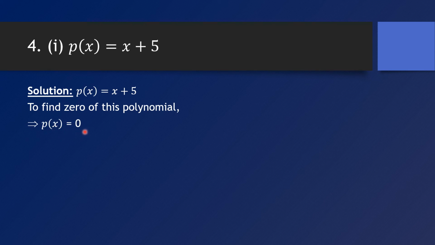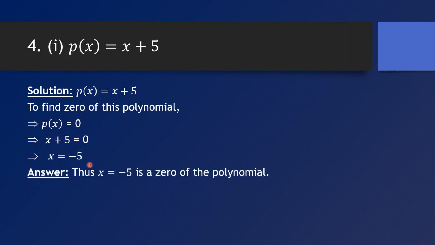When we put p of x is equal to 0 and find the value of x, x plus 5 is equal to 0. On transposing this 5 to RHS, we will get x is equal to minus 5. So thus, x is equal to minus 5 is a 0 of this polynomial. Similarly, we'll try out another question.